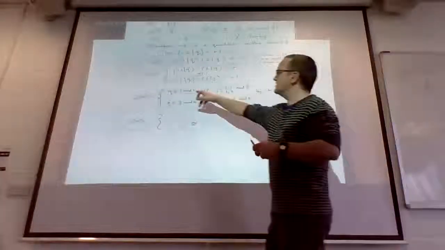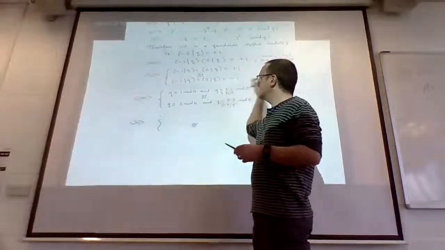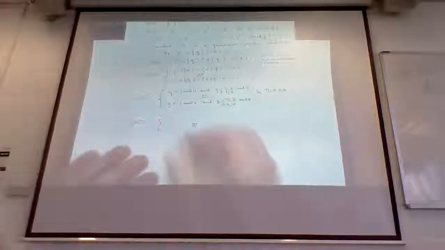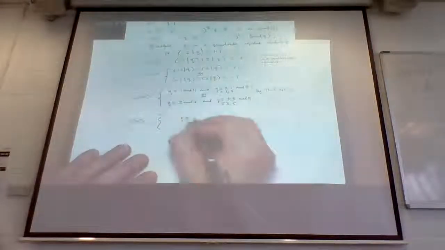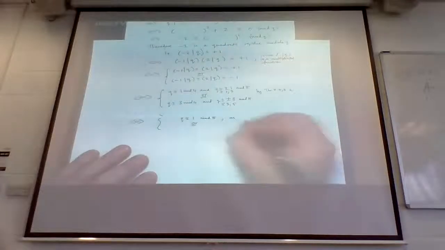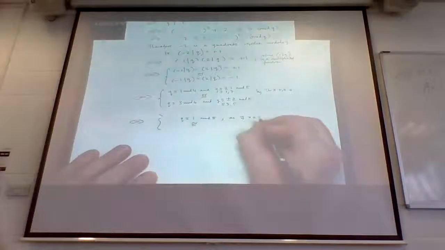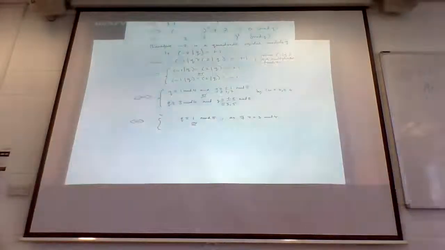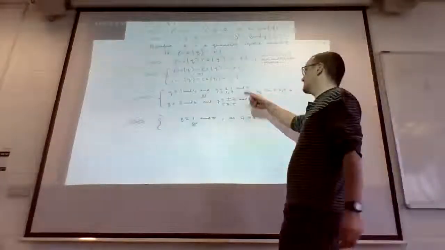So the only way for these two conditions to be true is if you're 1 mod 8. So that top line is equivalent to saying you're 1 mod 8, as 7 is congruent to 3 mod 4. That's basically the reason: 4 divides 8.